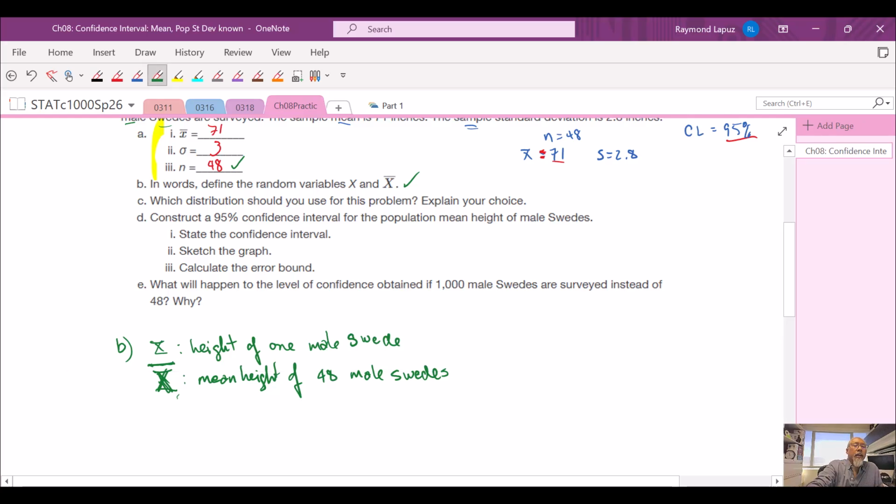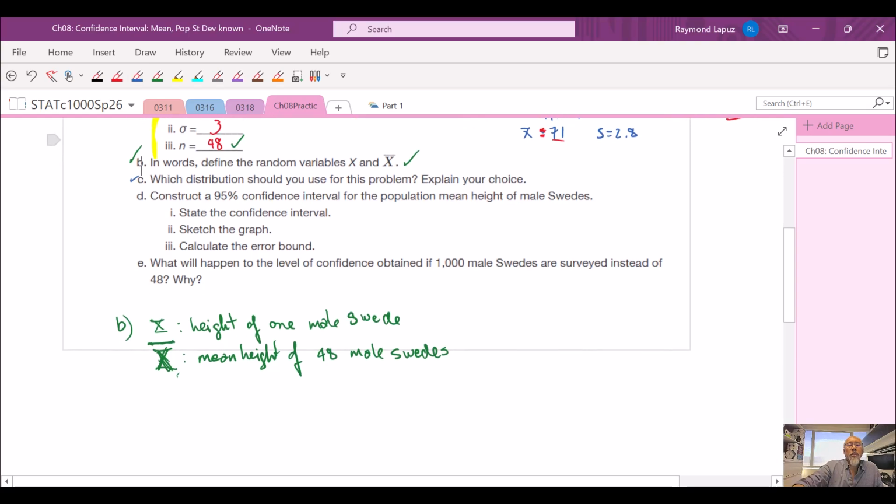Okay, so that is B, and let's go to C. Which distribution should we use for this problem? For C, since we know sigma, the population standard deviation, we use the Z distribution.